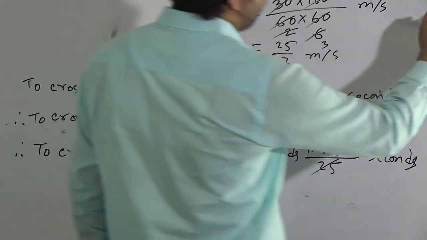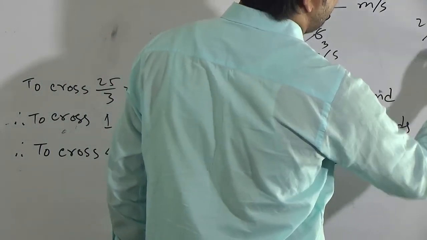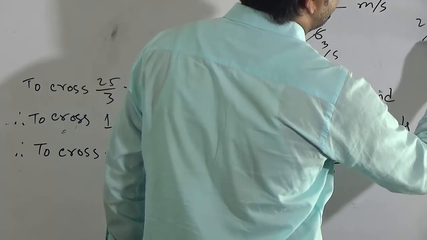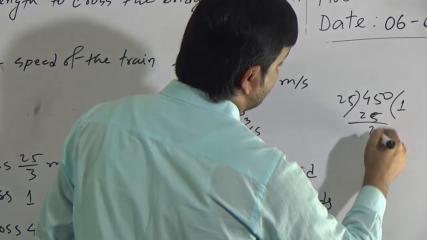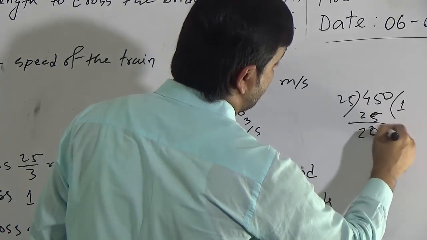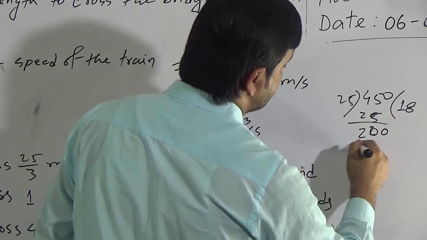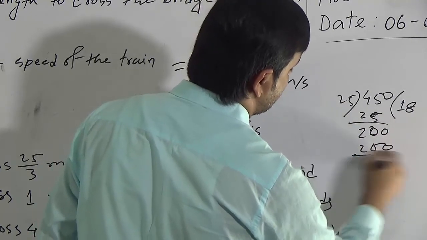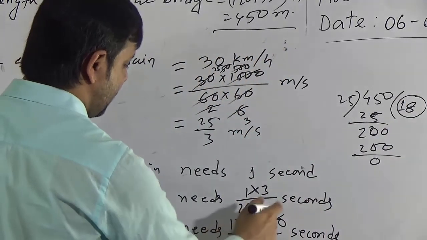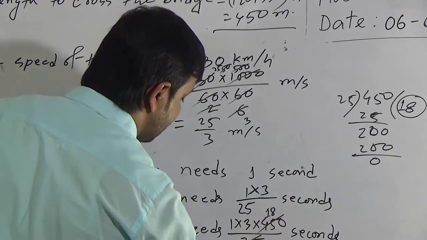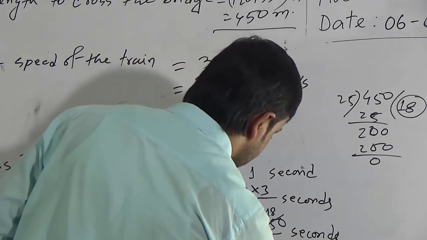I can show the division here. 450, we have to divide by 25. So take one time, this will be 25. Now 25 means 0 here, 2 here, 200, 8 times. 8 times 25 is 200. So this is 18 here, so multiply 3 and 18. We will get 3 times 18 is 54 seconds.